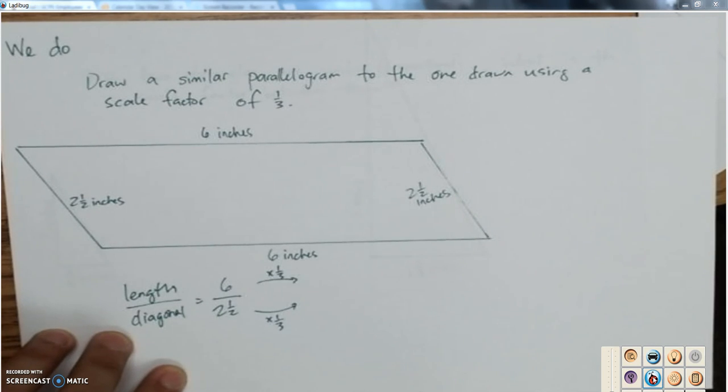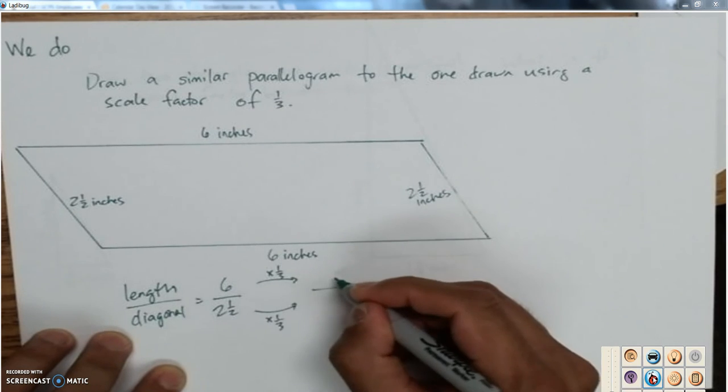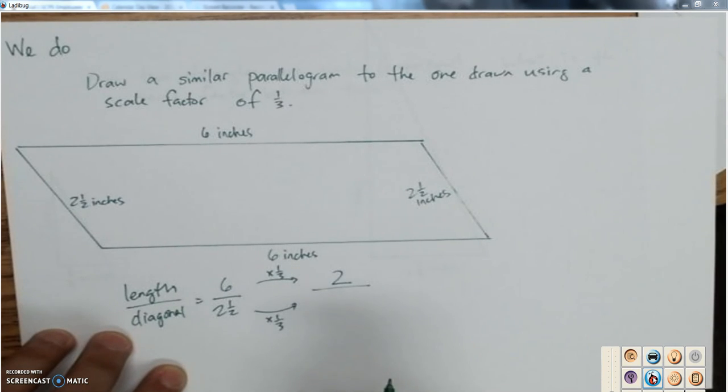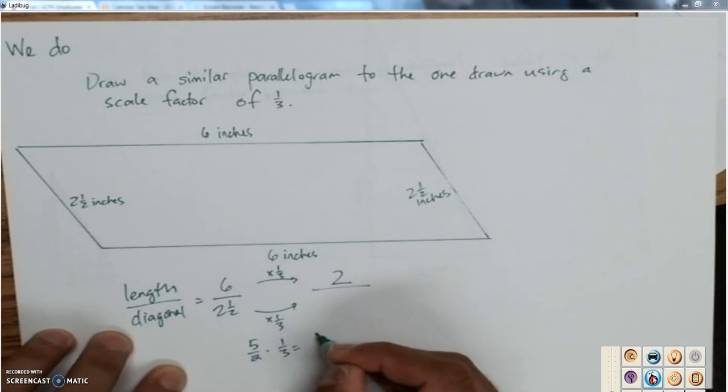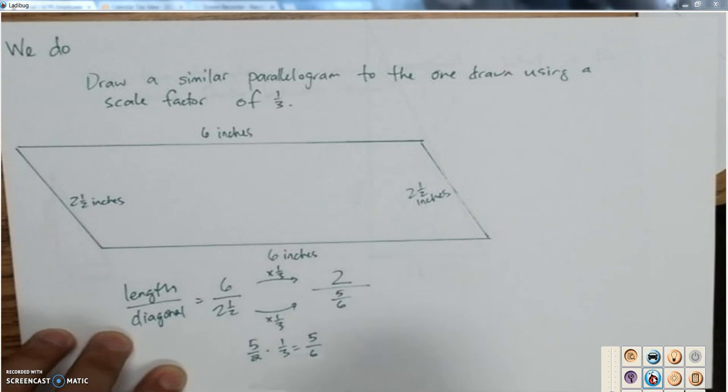So I'm going to scale that by 1/3, and I'm going to get the same ratio just in a smaller size. So 6 times 1/3, that is 6/3, which is 2. 2.5 times a third, let's see, that would be 5 halves times 1/3, which is 5/6.